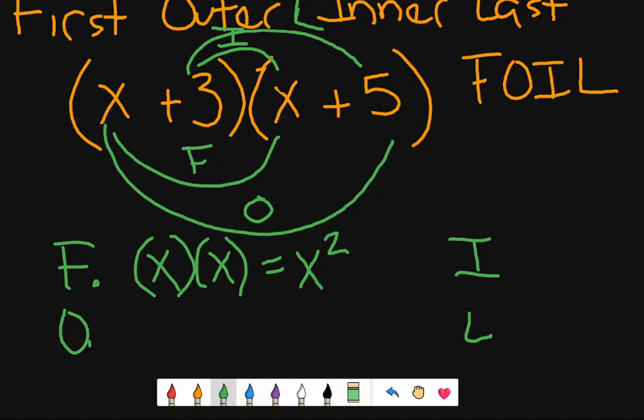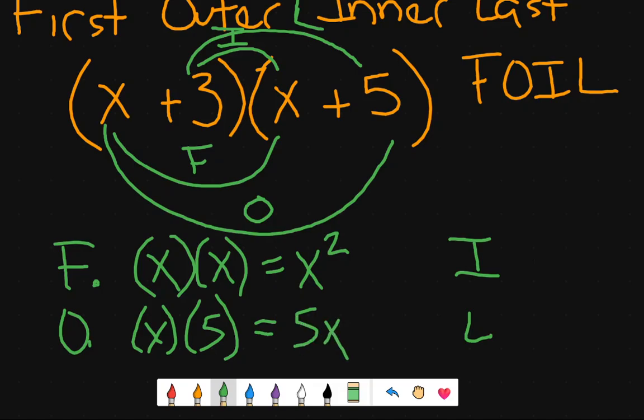Remember, the O's are the outer terms, not on the outside of the parentheses, but inside the parentheses. These are the ones that are near the outer parenthesis bracket. All right, so we have X and 5. So we're multiplying X times 5, which is equal to 5X.